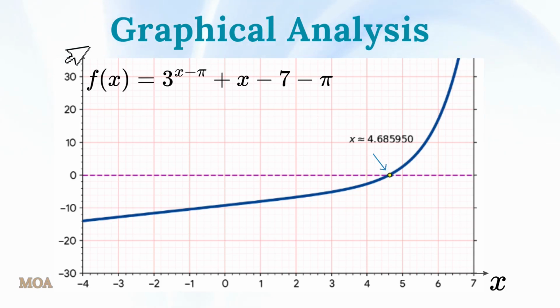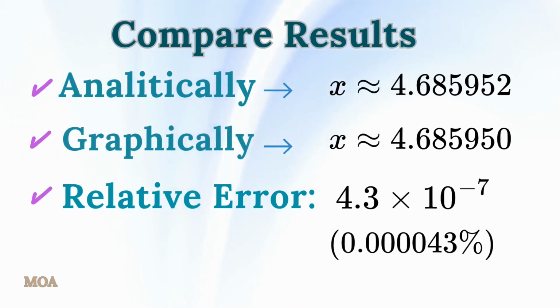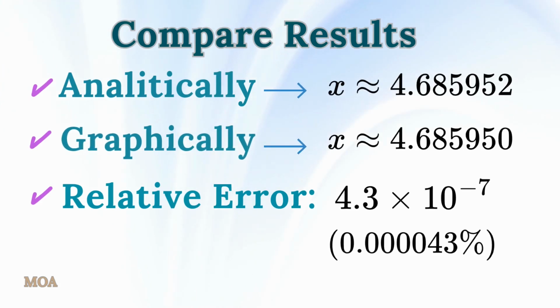By comparing our analytical solution using the Lambert W function approach, yielding approximately 4.685952, with the numerical verification from our graphical plot, which gives 4.685950, we observe an absolute difference of only 2 times 10 to the negative 6.